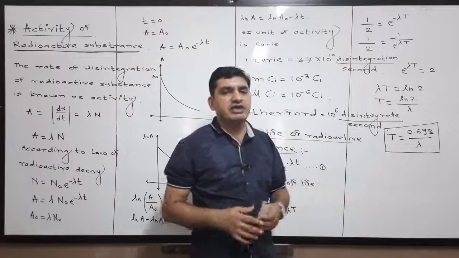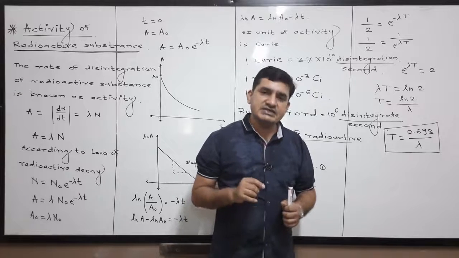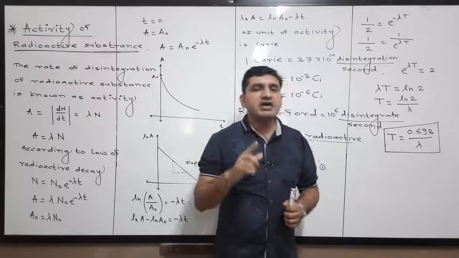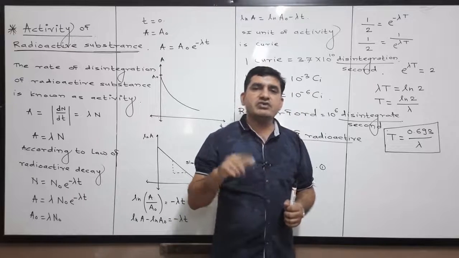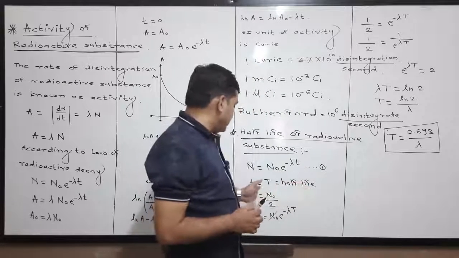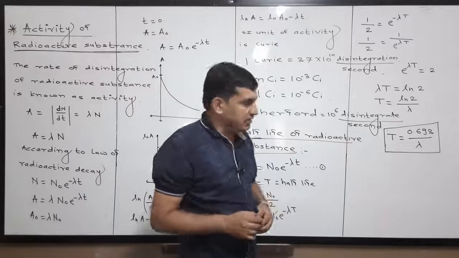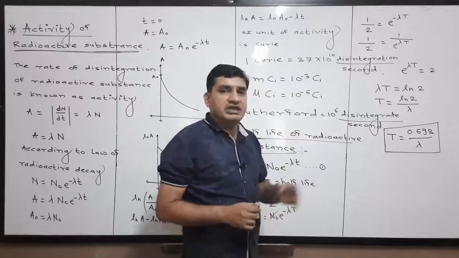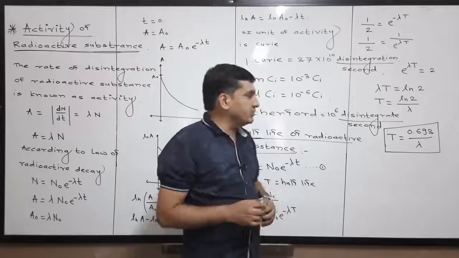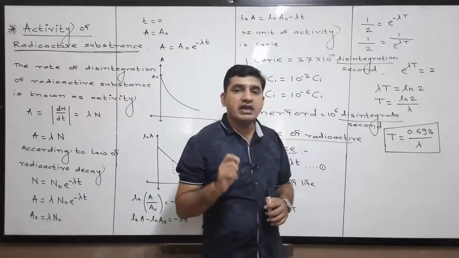According to the law of radioactive decay, N equals N0 e raised to minus lambda t. When small t is considered as capital T, the half-life, the number of radioactive nuclei N equals N0 divided by 2, so N0 divided by 2 equals N0 e raised to minus lambda T, and therefore T equals ln 2 divided by lambda, or simply T equals 0.693 divided by lambda.